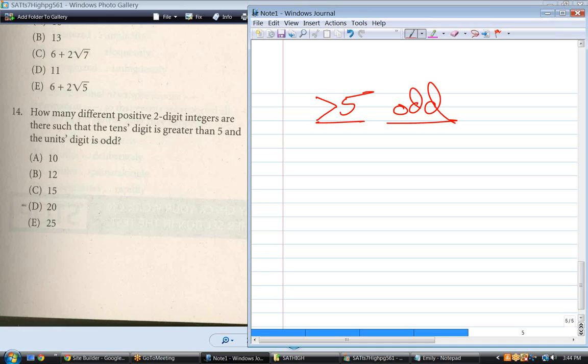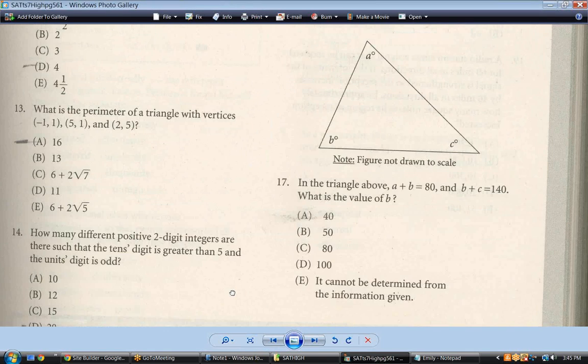So how many tens digits might we have? 9. No, it's got to be greater than 5. So it could be 6, 7, 8, or 9. And it's got to be odd, which is 1, 3, 5, 7, or 9. So it's 5 times 4, so it's 20. Not too bad.